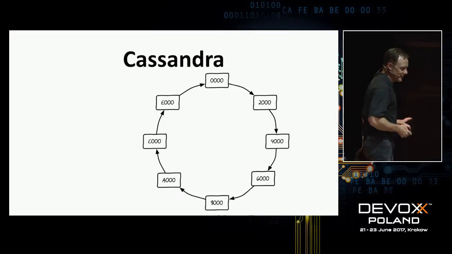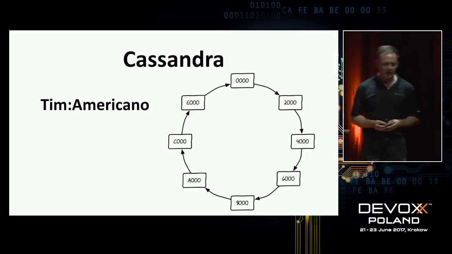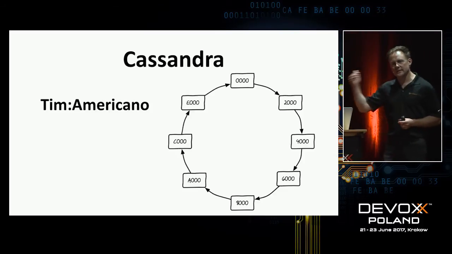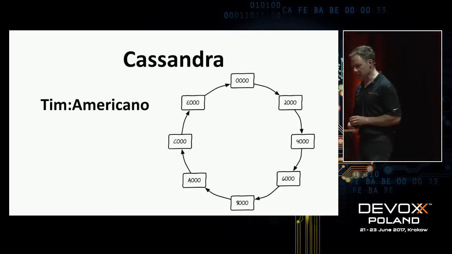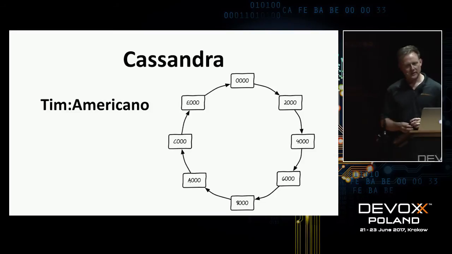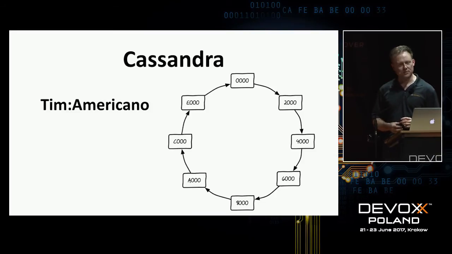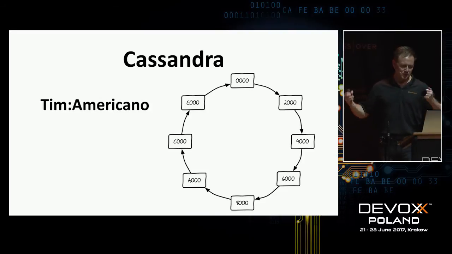So, with that, we're going to act like Cassandra is a key-value store, and I'm going to say, hey, I'm going to write a key-value pair into this, in this case, the name of my favorite coffee. And I think I'm a really boring coffee drinker. This is true. Probably 90% of the coffees I order, just an Americano. I'm a simple guy. So Tim here is the key. Americano is the value. That's my favorite coffee.